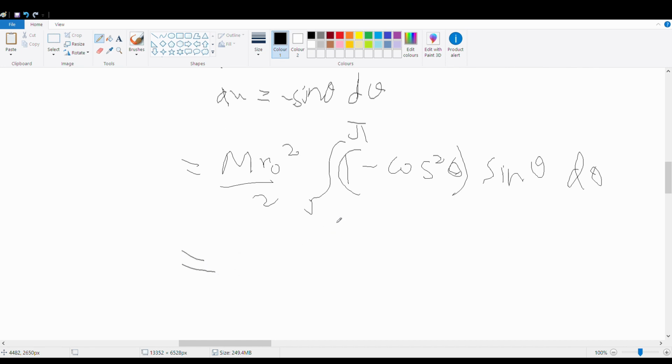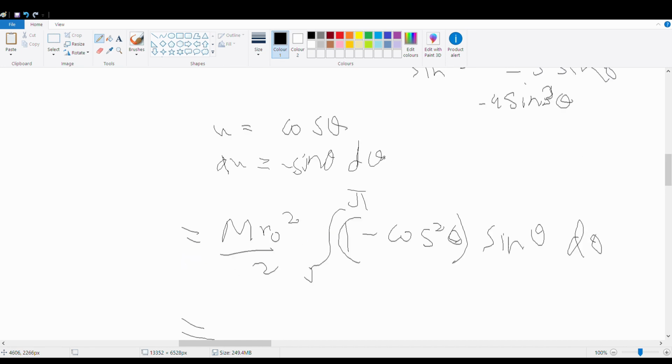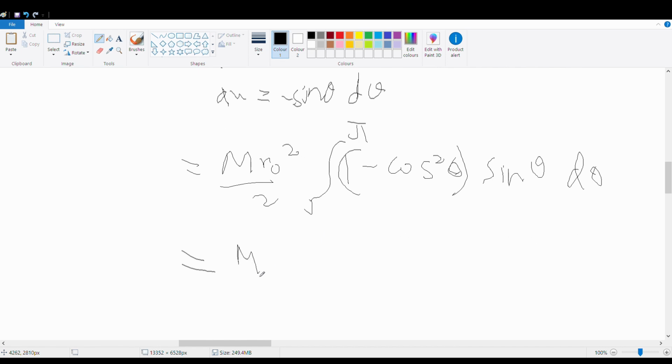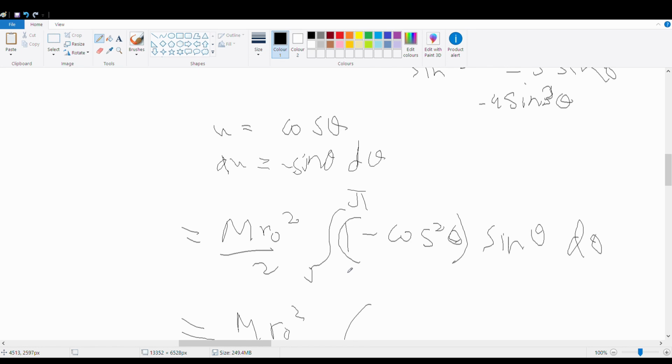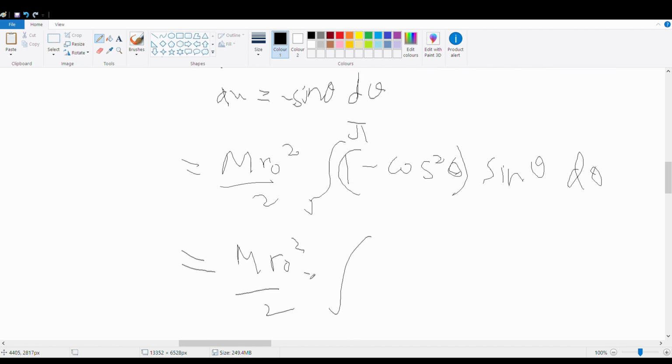If you substitute this over here, we can write this as m r naught square by 2, and I believe it's a negative sign over here, so you're going to have a negative sign. So we can write this as 1 minus u square du.